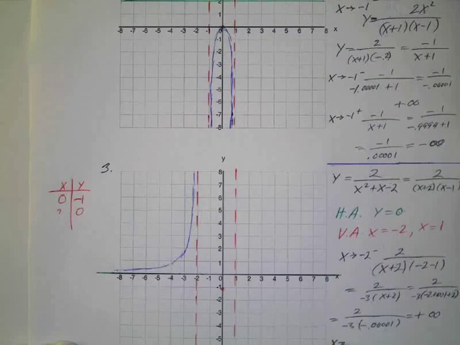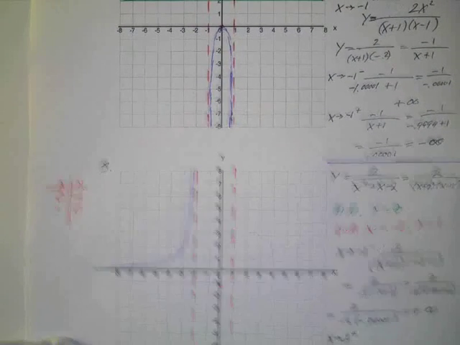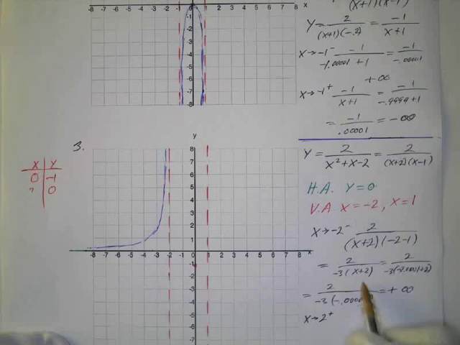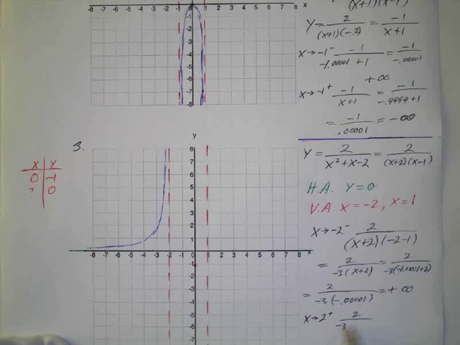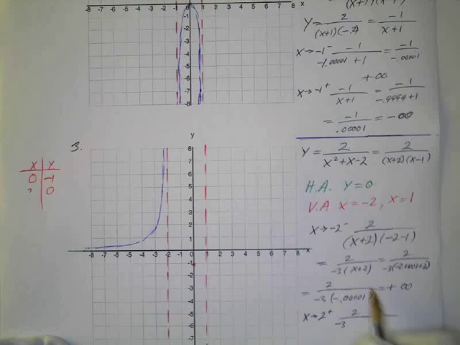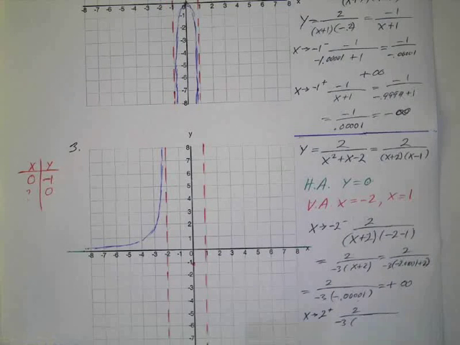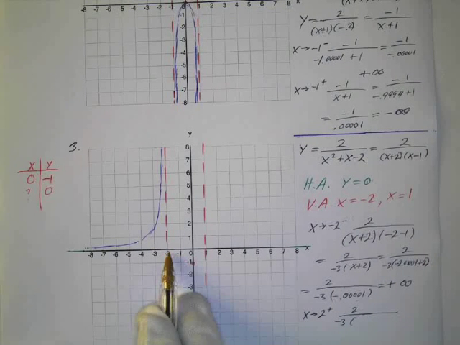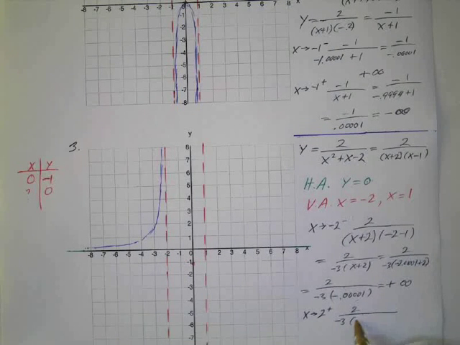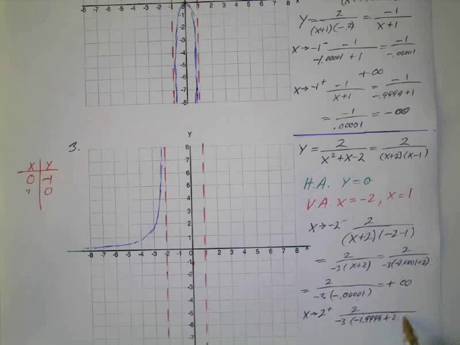So as x approaches -2 from the positive direction, again I can just write over here, I've got 2 over negative 3 times, and this is going to be just to the right of negative 2, so it'll be negative 1.9999. Okay, and then plus 2, putting that in here.